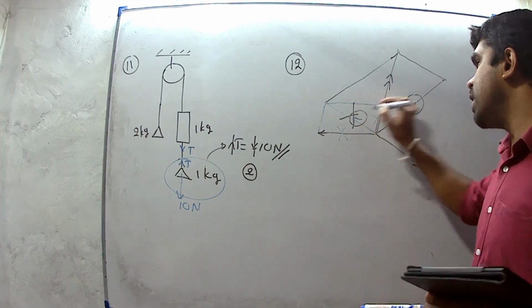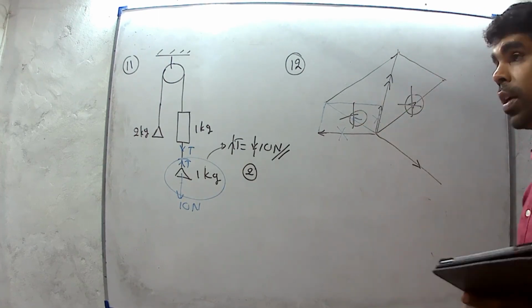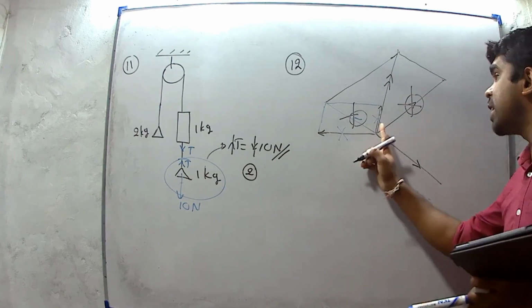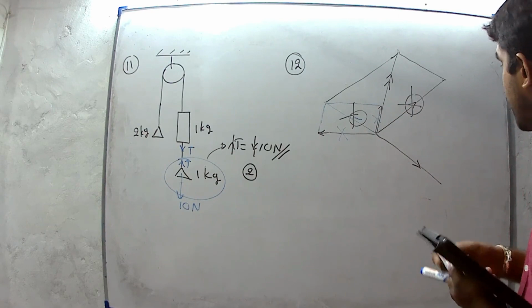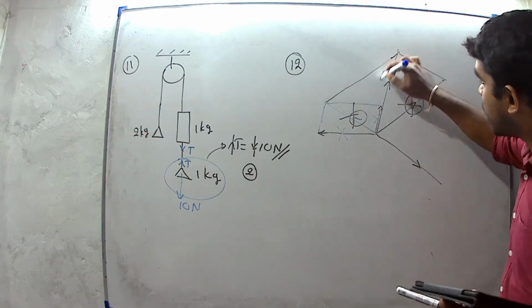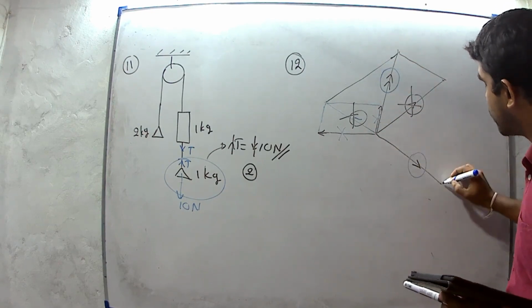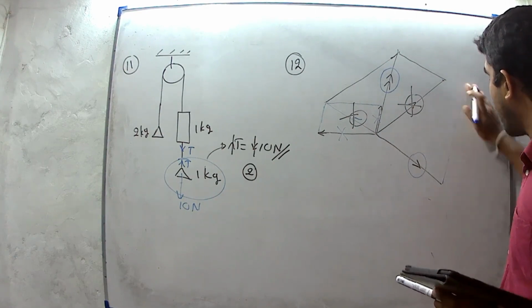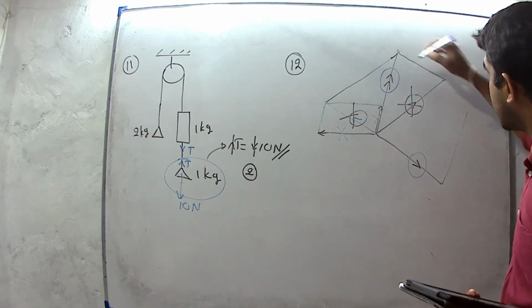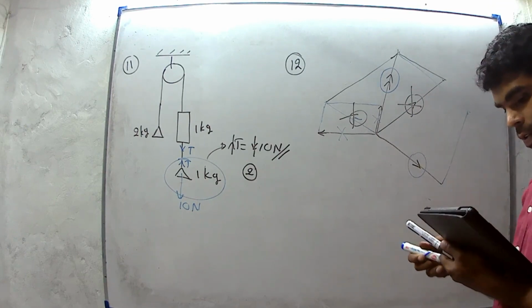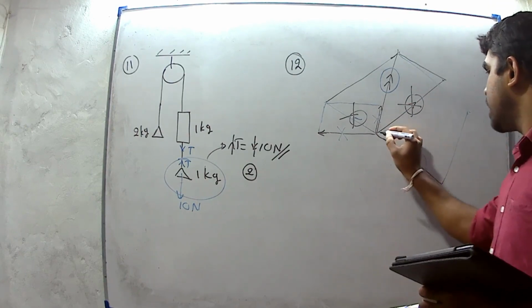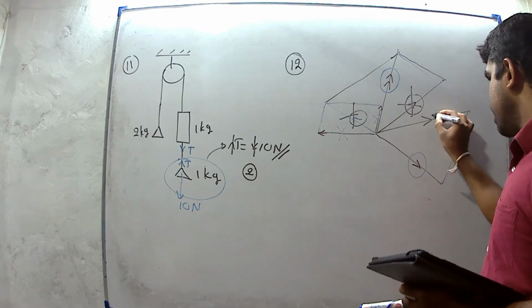Therefore we can remove these two forces and we get the resultant force as this one. And again we have to consider the resultant force for this force and this one. We can draw another parallelogram by using these 2 forces and we can get the resultant in this direction.